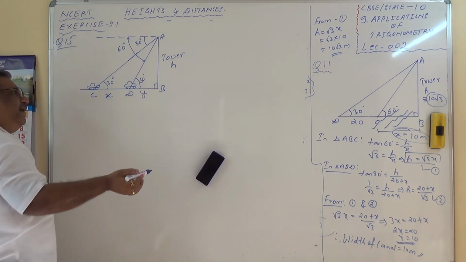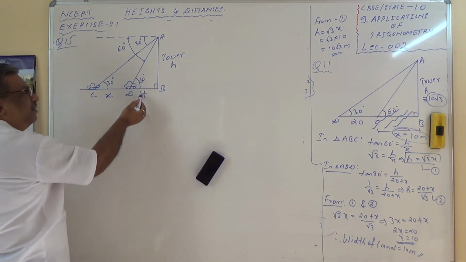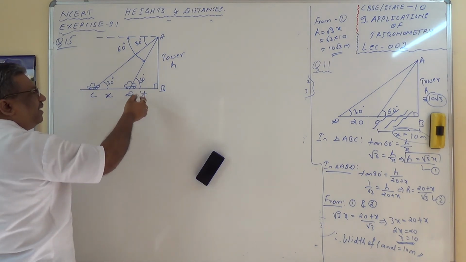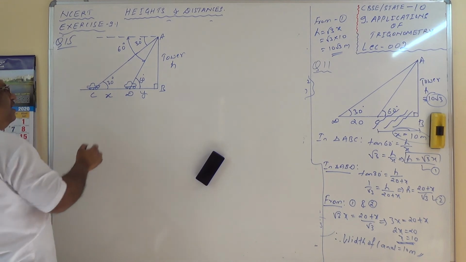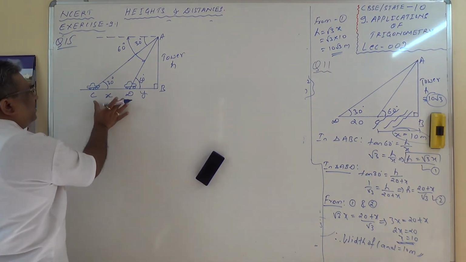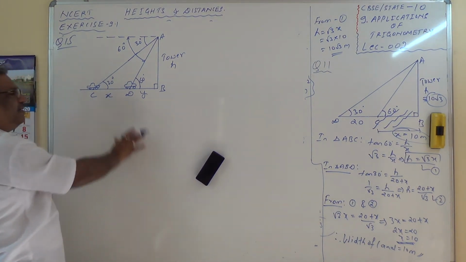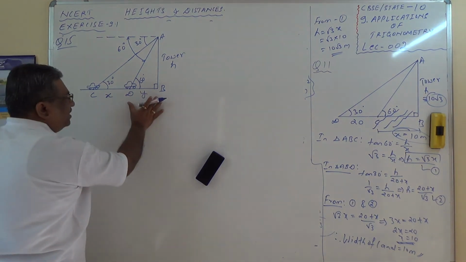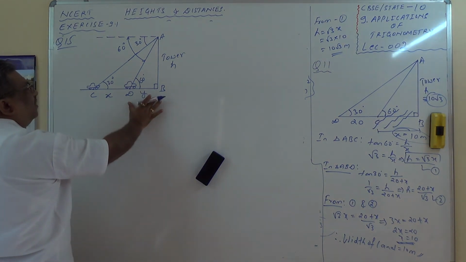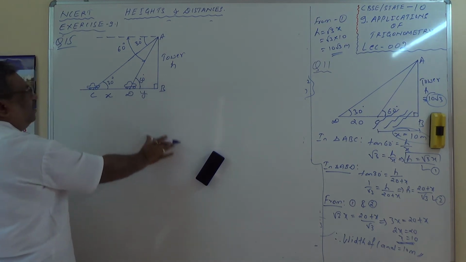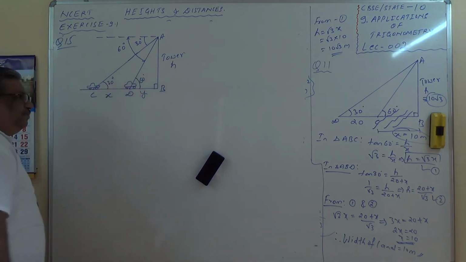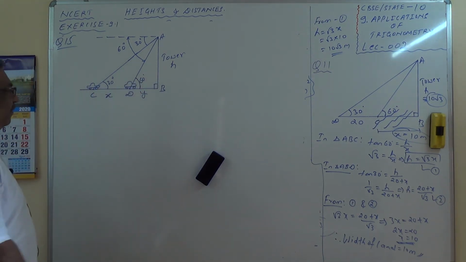I can find later the time taken to cover distance y. So x is the distance traveled in 6 seconds, and y is the distance traveled to reach the foot of the tower from position D. I hope this point is very clear for you.